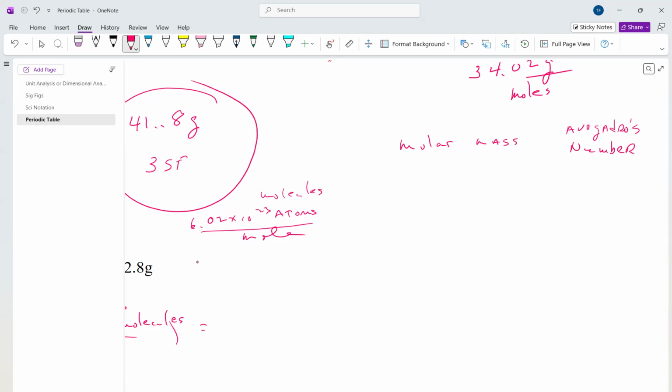So the molar mass units are grams per mole and mole per gram. This is extremely specific for the chemical you're talking about. No exceptions.